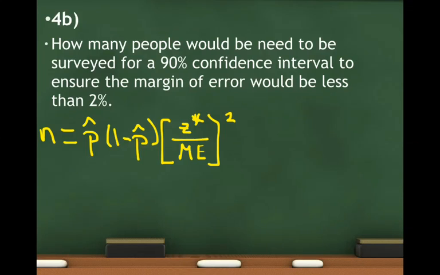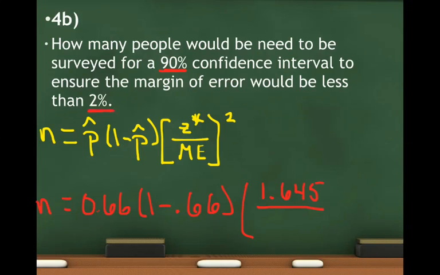What we want to do is go back and remember from this problem, our p hat was 0.66. And so we're going to have 0.66 times 1 minus 0.66 times, here we're looking at 90%, remember 90%, its critical value is 1.645, divided by the margin of error.